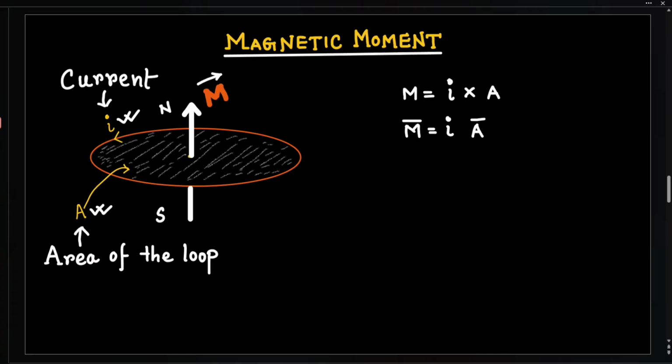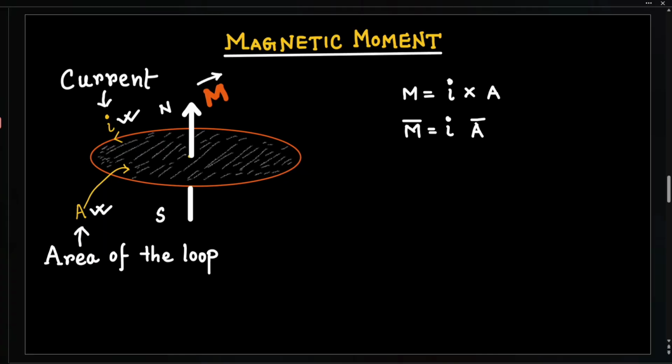North will be in the direction of the magnetic moment, and the opposite side will be south. This is similar to a bar magnet or a magnetic dipole. So this current carrying loop is equivalent to a bar magnet, and this side is north pole and this side is south pole. This magnetic moment vector has the same direction as the area vector.